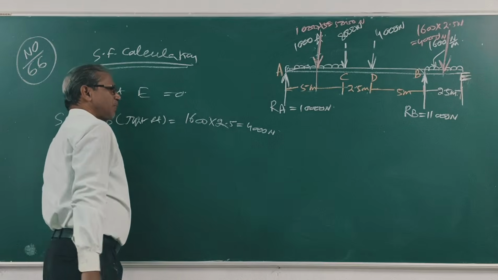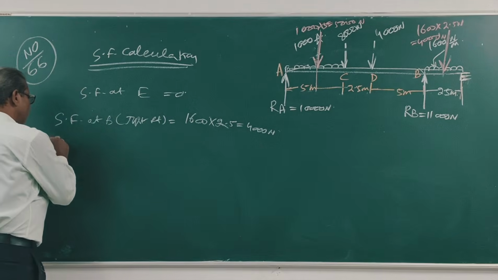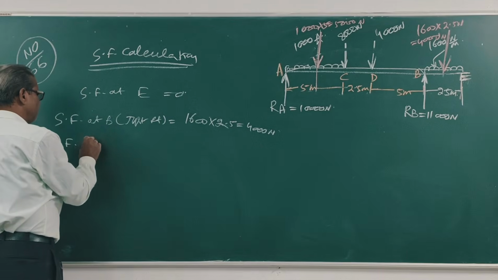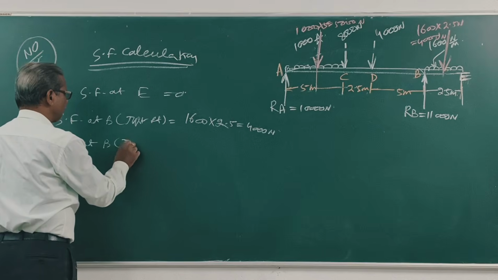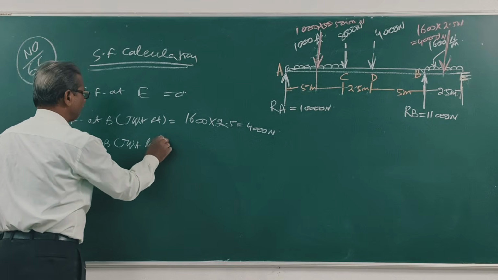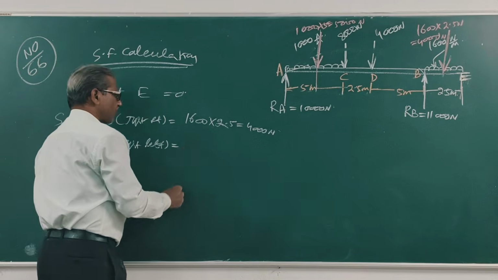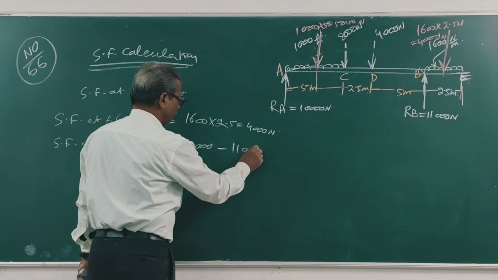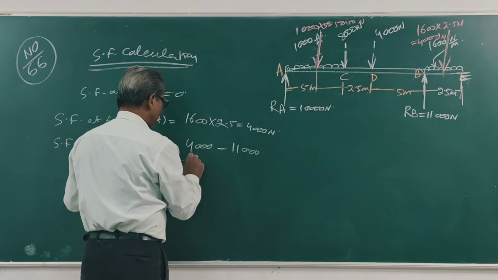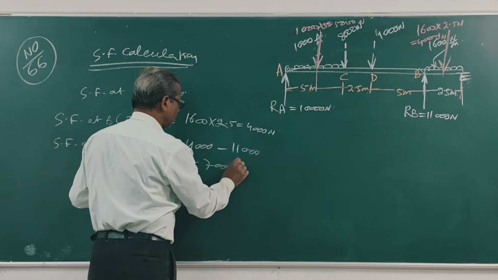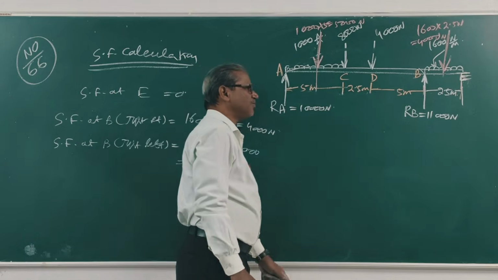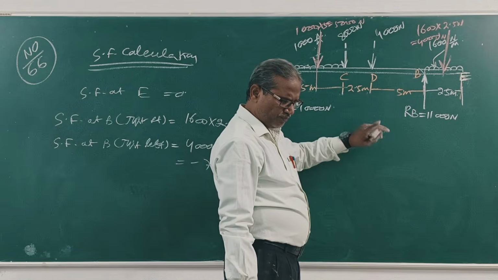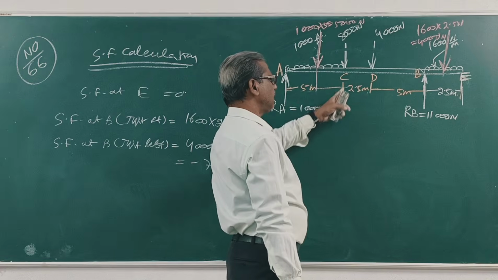Clear? B left. Shear force at B just left: 4000 minus 11,000, minus 7,000 Newton. Clear? Now D just right.